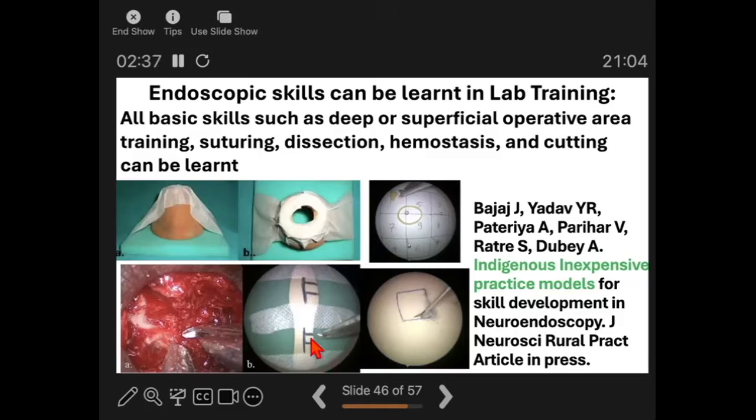The other exercise is laminectomy using a Kerrison punch. The lamina is simulated by an ice cream stick. Marking is done and, using a Kerrison punch, the ice cream stick is nibbled on the defined margin.